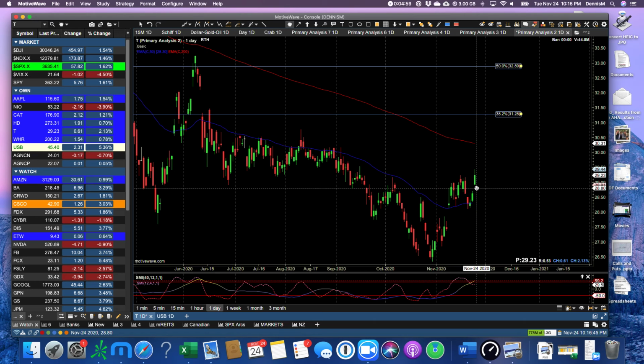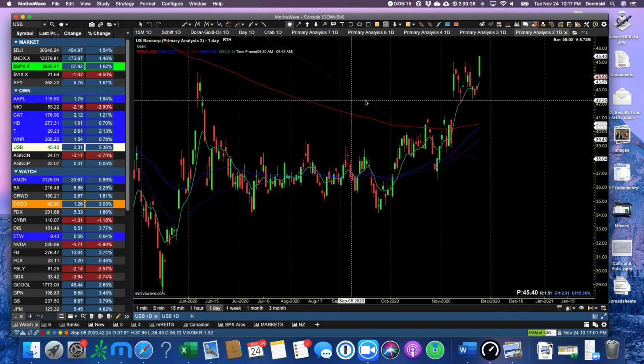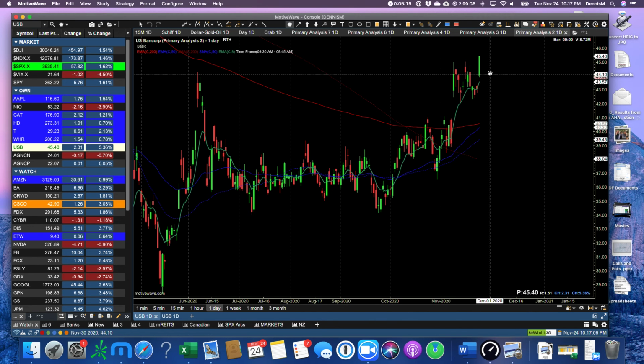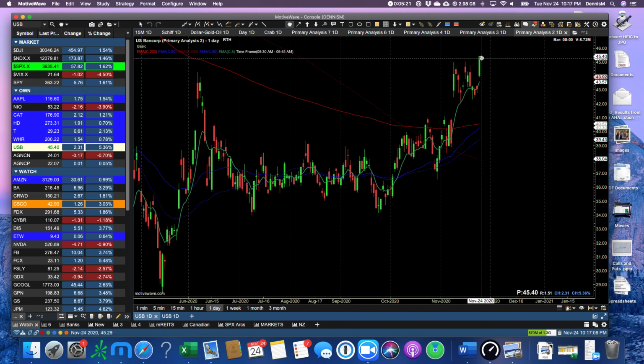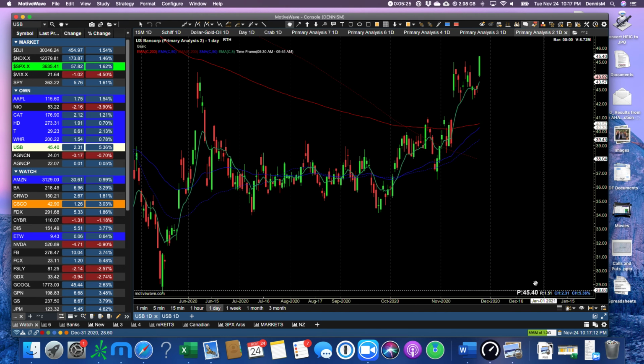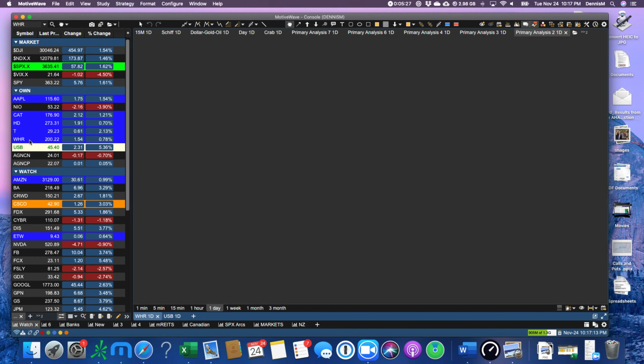If you're sitting on this stock like I am with several thousand shares, trying to hold on to that dividend, this is just a great stock to counterbalance some of your other momentum plays. The banks, there's U.S. Bank, but you can look at JP Morgan, says the same thing. Finished at the high of its range for the day, up $2.31.